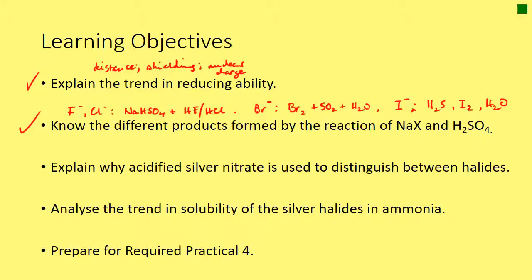Okay, and so that's a summary of the previous slide, and allows us to tick that second learning objective. And what we want to do now is go on to testing for halides using the acidified silver nitrate test, and this is going to be the first part of required practical 4.